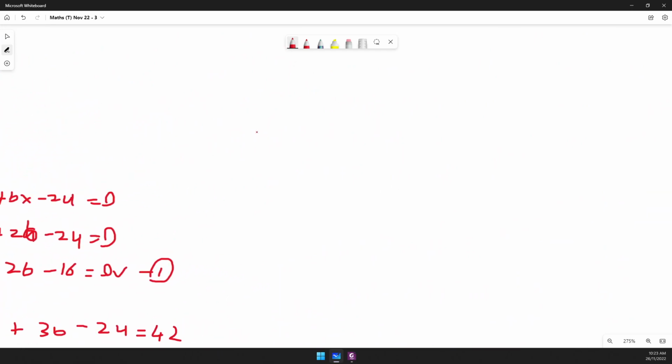So it's x cubed plus 5x squared minus 2x minus 24.